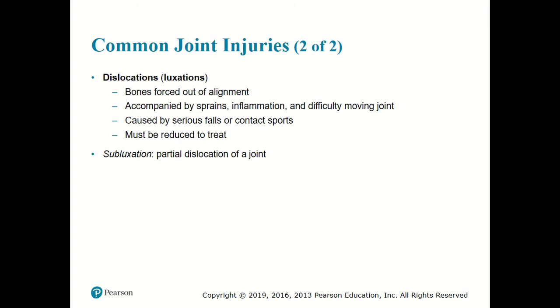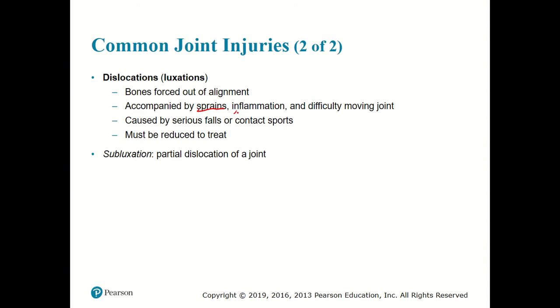All right, so luxations are actually dislocations. This is where bones are forced out of alignment, okay? You usually have sprains that accompany it, so if you're going to have a dislocation, almost always you're going to have a sprain, a ligament that's either torn or pulled, stretched beyond its limit.